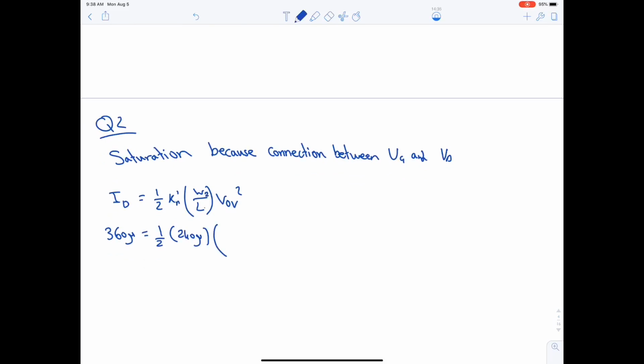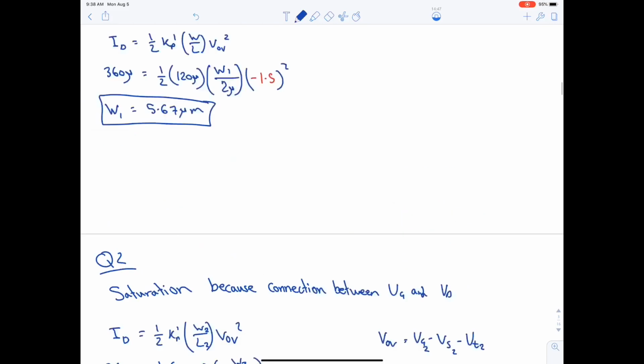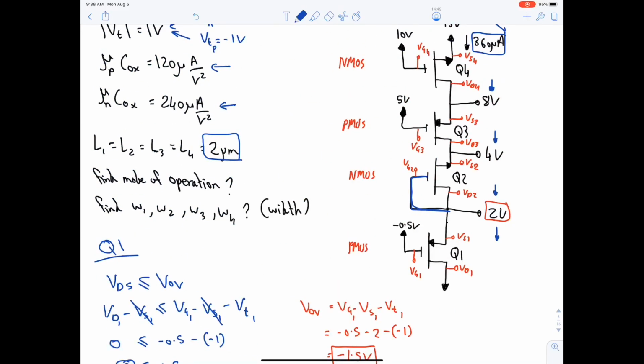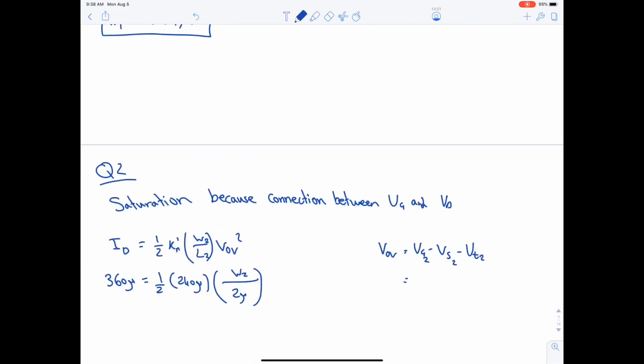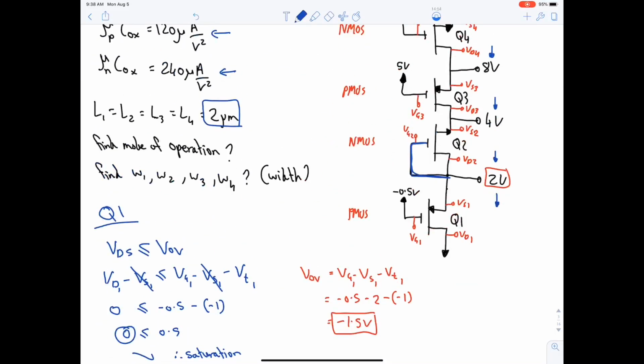W2 is unknown. L2 is 2 micro. VOV we have to compute. It's VG minus VS minus VT. VG2 is VD2, which is 2. VS2 is 4 here.